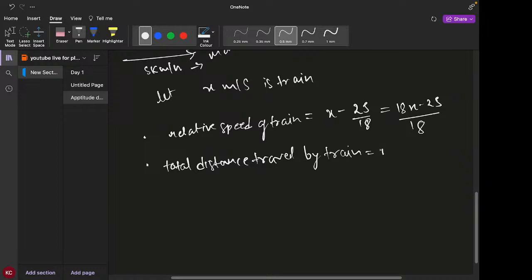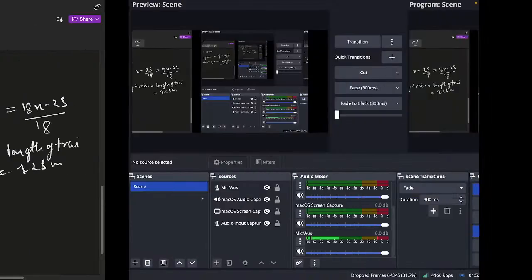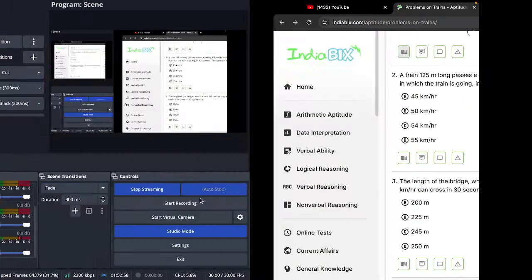Otherwise the train would have to travel more distance. So I take the relative speed, length of train, and time taken: 125 meter, and time is equal to 10 seconds.